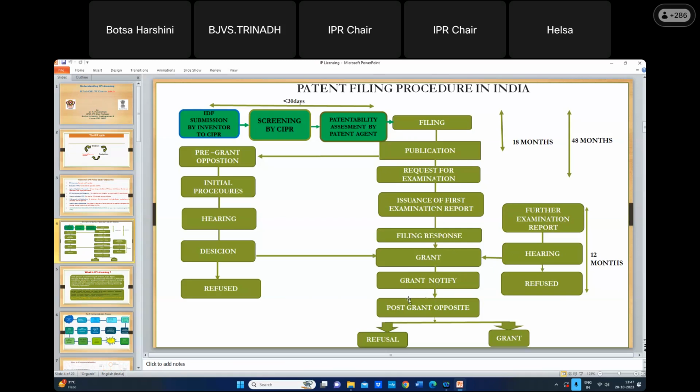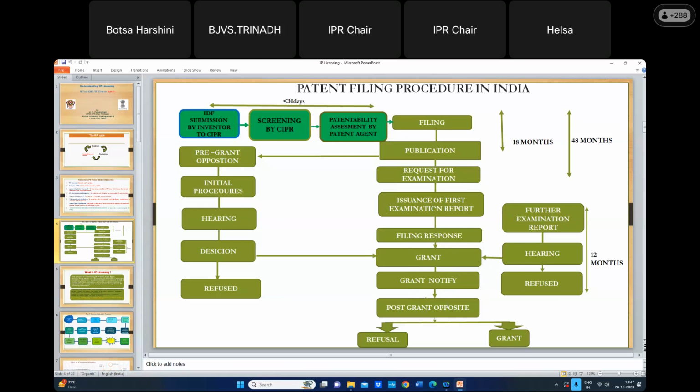And in the Indian system, even after grant, people can oppose, saying that the patent is wrongly granted. For example, someone might say, I also contributed to the patent, but that fellow has not put my name in the patent application. There are several grounds given in the Indian Patent Act based on which people can oppose.